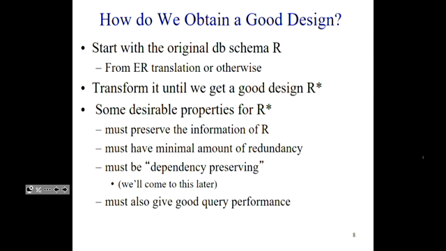So while that previous approach was nice in terms of minimizing the amount of redundancy, it has poorer query performance. But that's usually a trade-off we are willing to make because redundancy is a harder issue to deal with than query performance. Query performance you can improve in other ways.